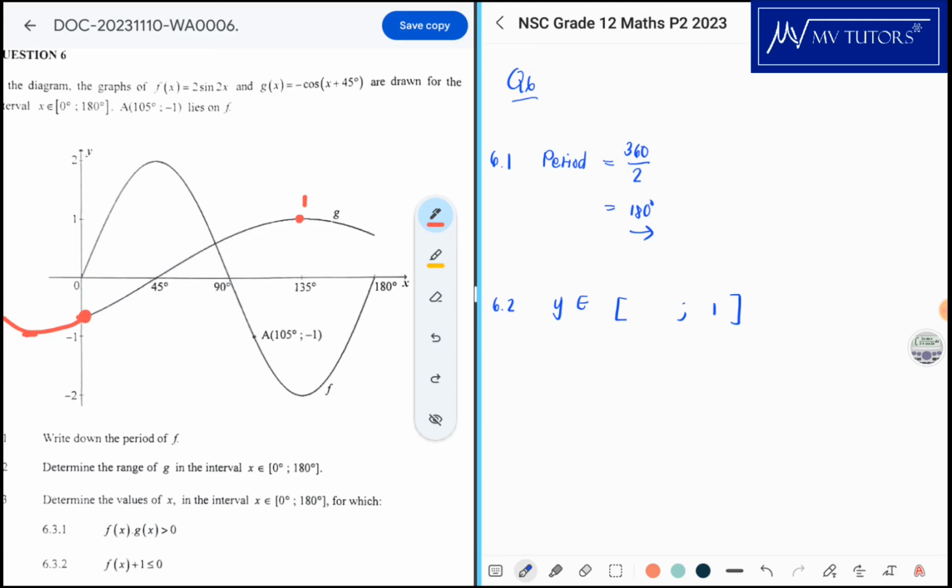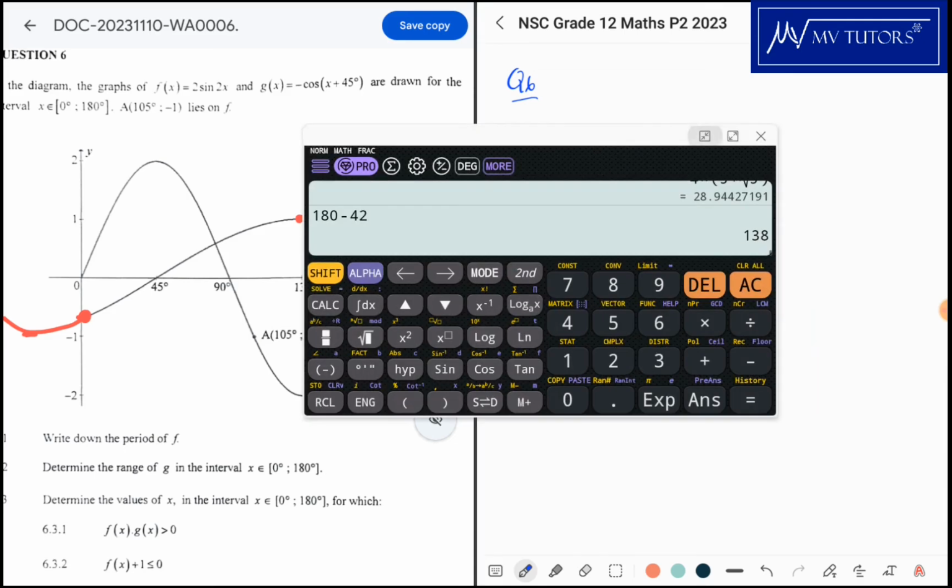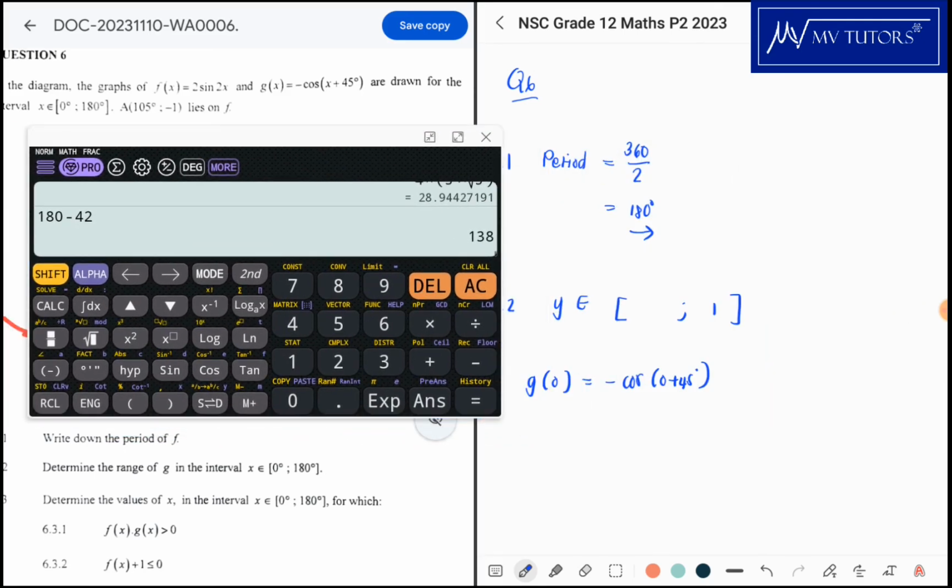Well, we can take g of x and substitute 0. So we're going to have negative cos of 0 plus 45. Okay, so let's just see. If we have negative cos 45, that's actually negative root 2 over 2.